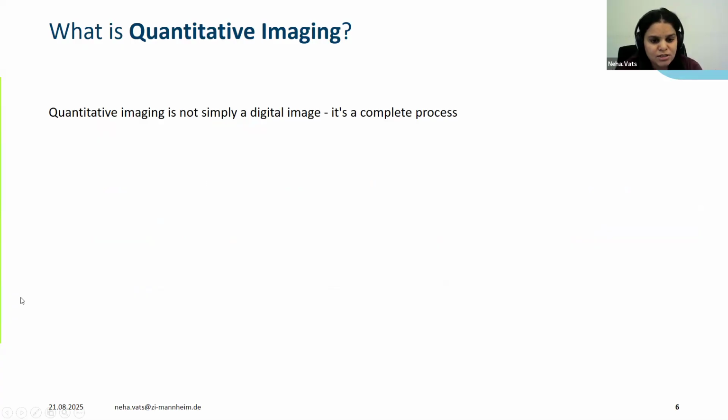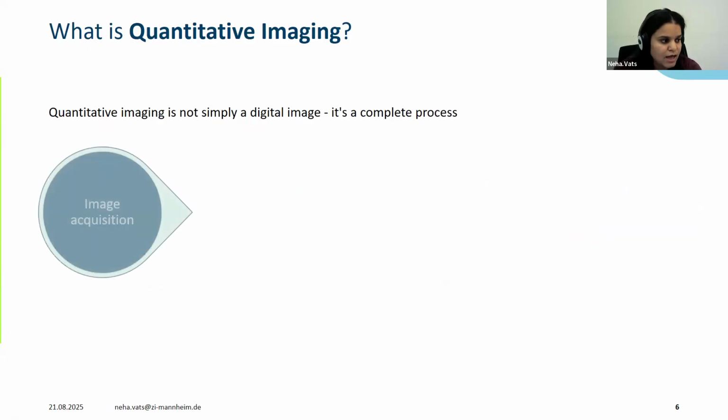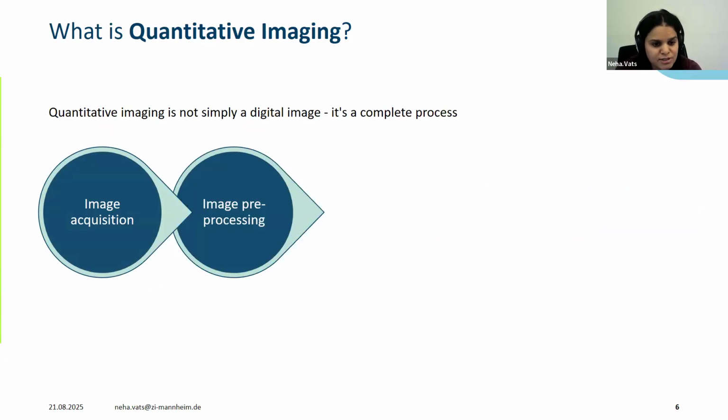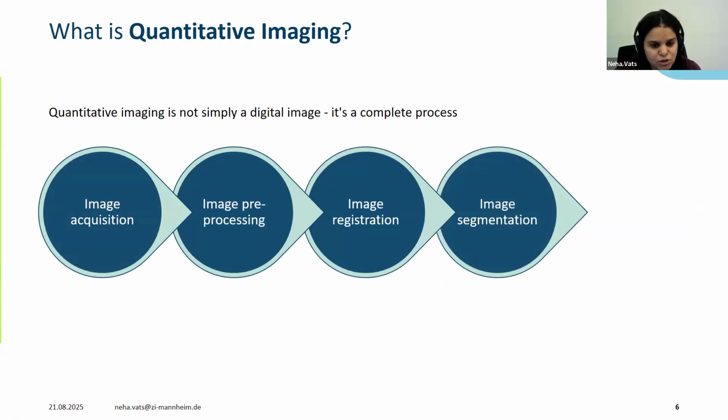So quantitative imaging is not simply a digital image of zeros and ones. It is a complete process of imaging. Here, first you acquire the image at the scanner. That could be a CT scan, MRI scan, or anything. Then image pre-processing is performed, followed by image registration and image segmentation. So you segment a particular area of the image.